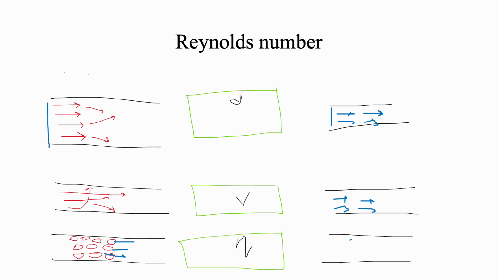Whereas if we have fewer particles here, the chances for these particles to move in different directions or to change directions will be higher. So again, viscosity is inversely proportional to the turbulent tendency for the blood to move.